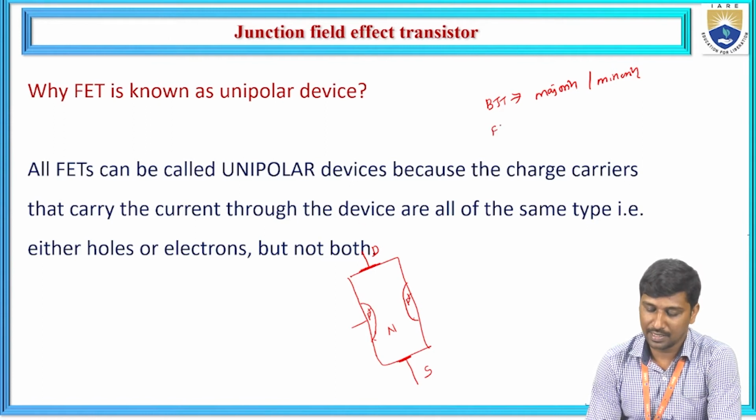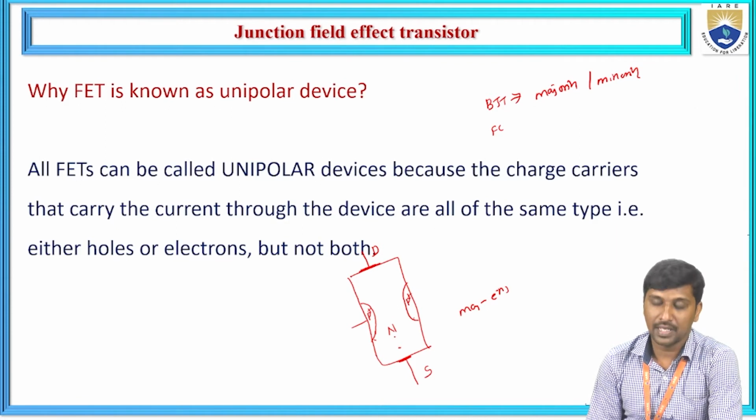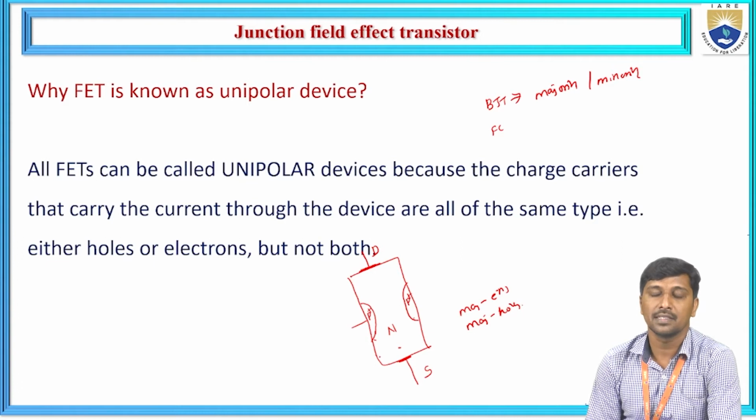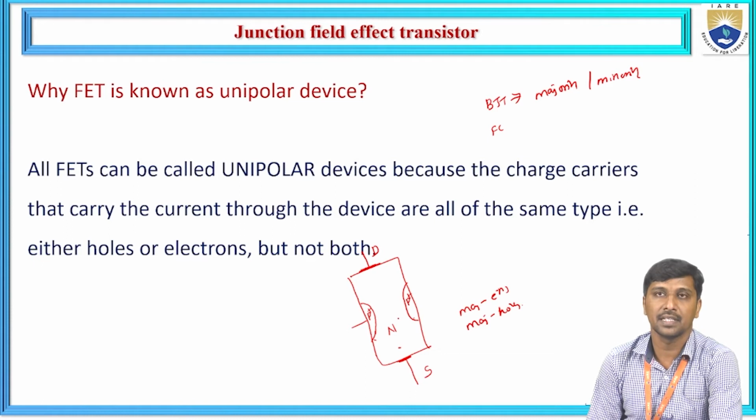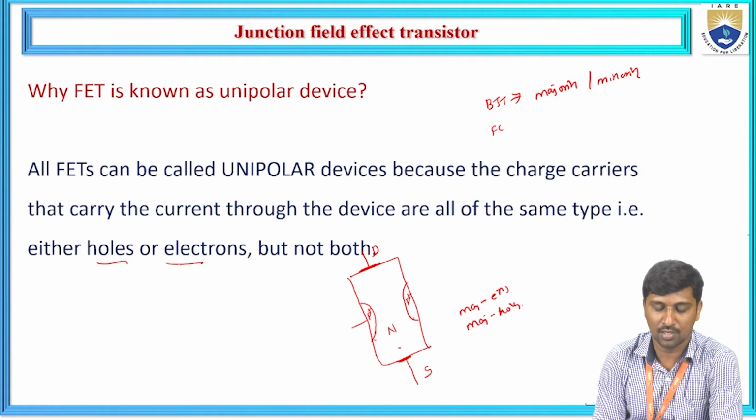But here, if you take this material, the source and the drain are connected with N type, and we know that in N-type the majority charge carriers are only electrons. If you take P-type material, the majority charge carriers are holes. Based on the construction of this field effect transistor, the conduction depends only upon the majority charge carriers, not the minority charge carriers, either holes or electrons. That is the reason this device is also called a unipolar device.